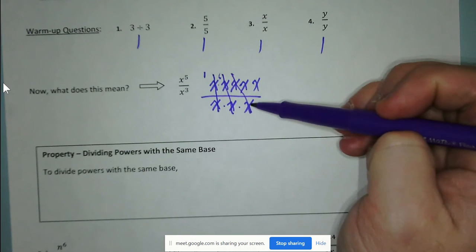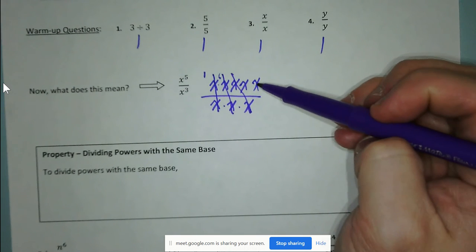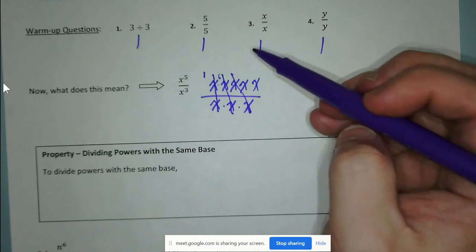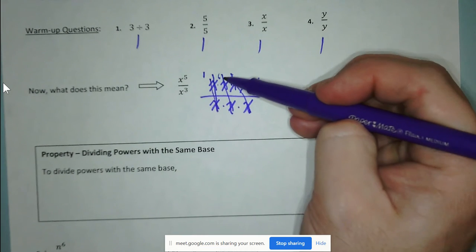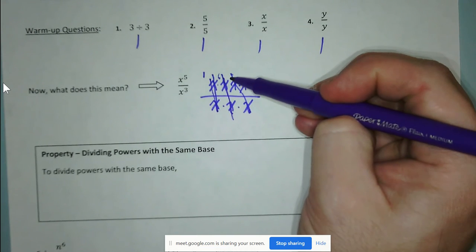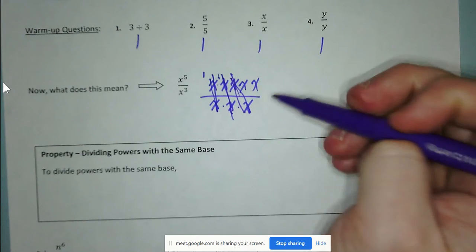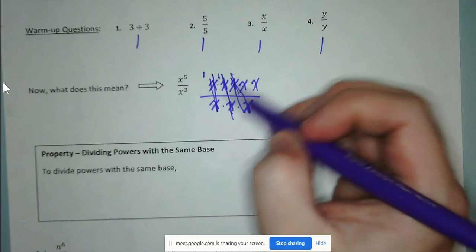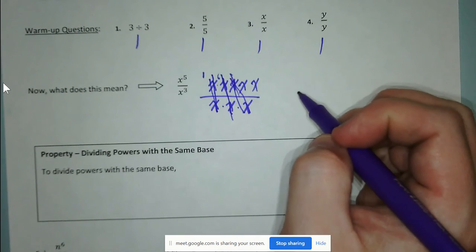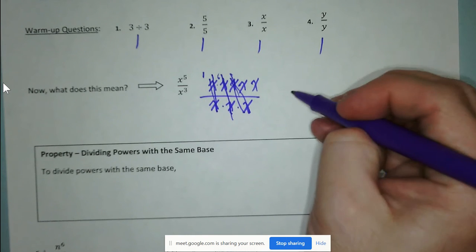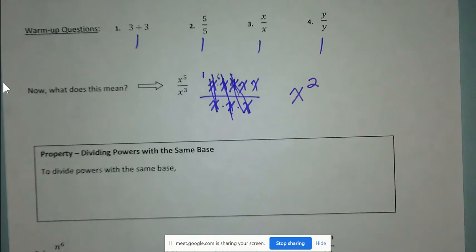This divides. Another classic word that math teachers throw around now is cancel. Like these two x's cancel, these two x's cancel, these two x's cancel. What they're really doing is they're dividing out to be 1. So what's left after the canceling, after the dividing? What's left is x squared.